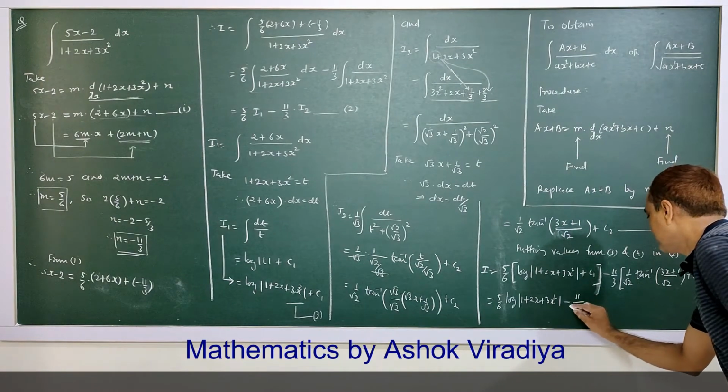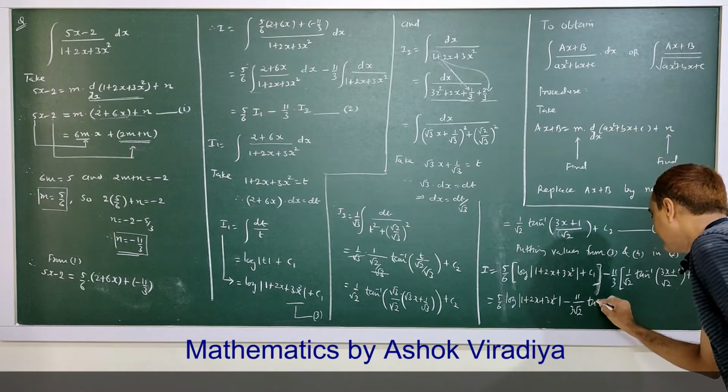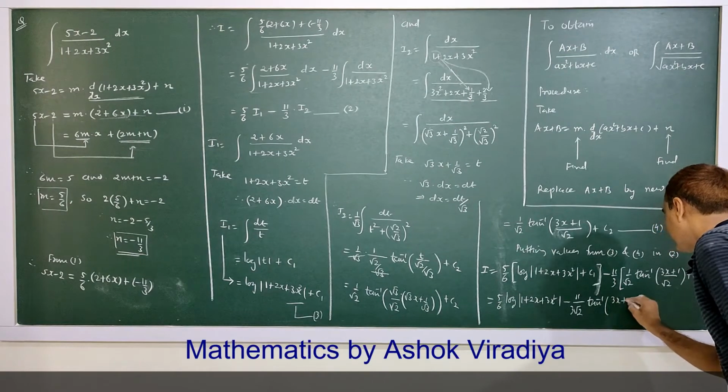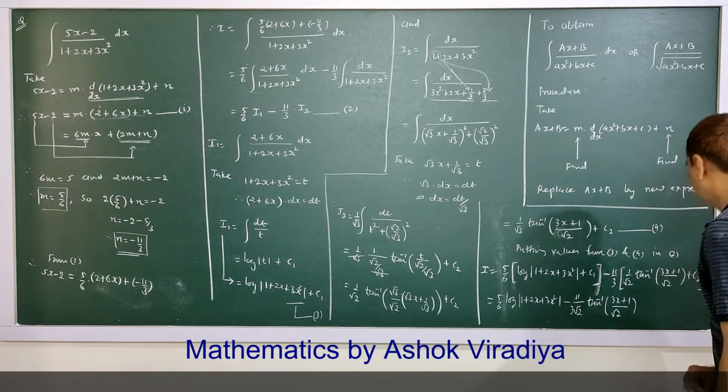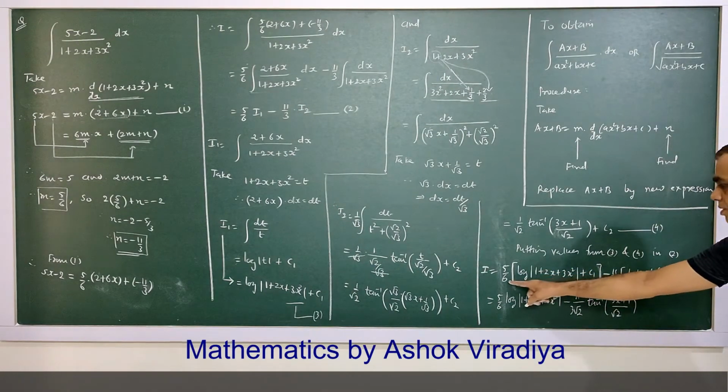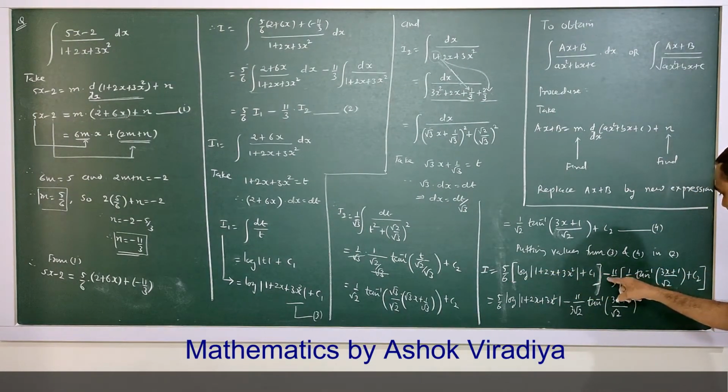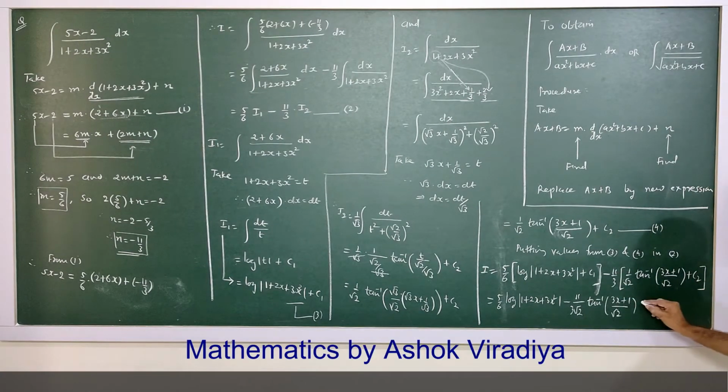So 11/3 root 2 tan inverse (3x + 1)/root 2, then plus 5/6 C1 minus 11/3 C2, it is equal to C, arbitrary constant C, where C is 5/6 C1 minus 11/3 C2.